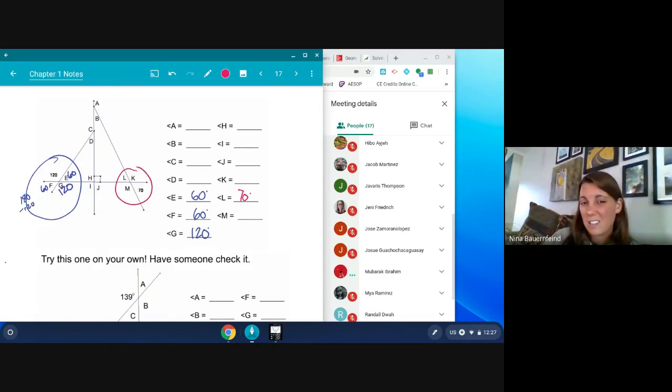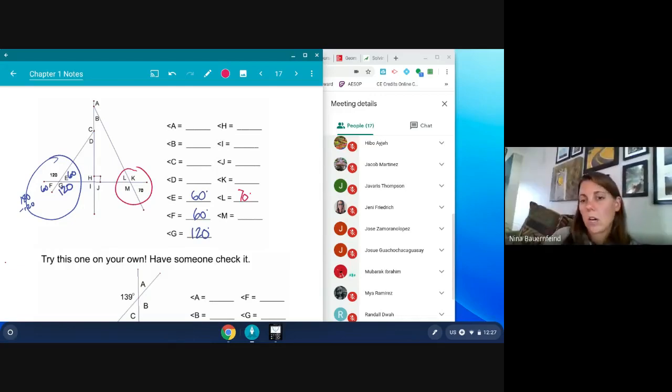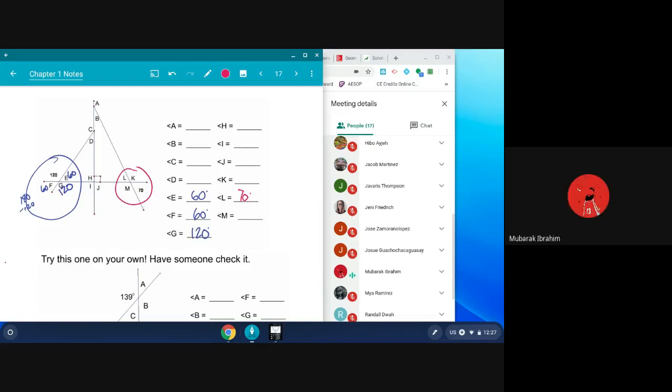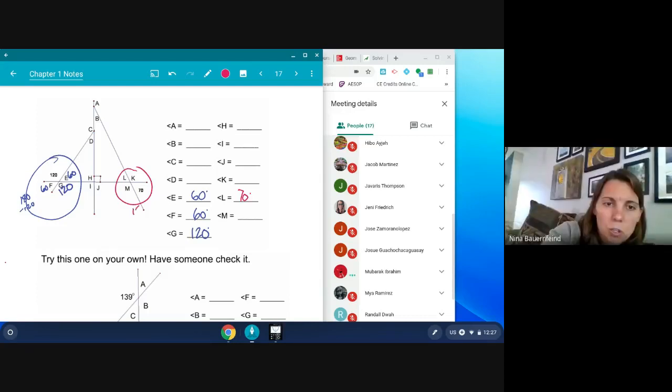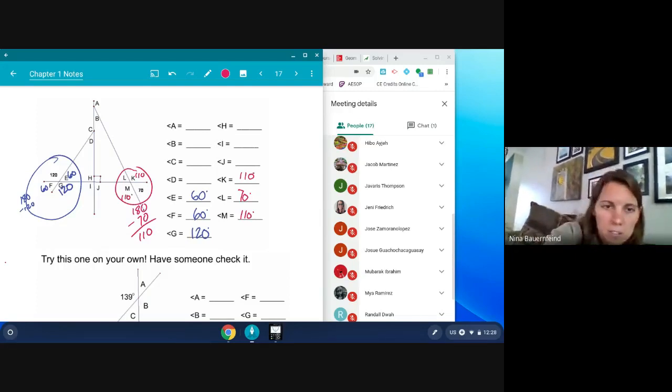M and K? Isn't it minus 180? Yep. So you'd go 180 minus 70 is 110. Exactly. So this is 110 and this is 110, and this is 70. Okay.